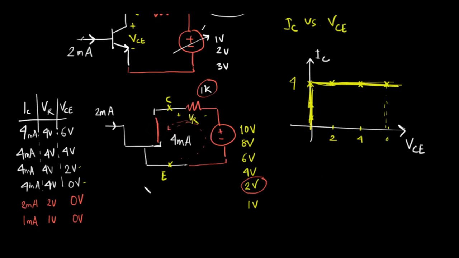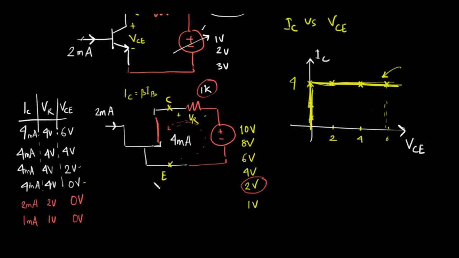Because as you can see in this graph, which part of this graph was the output current controlled by the input current? The input current was 2 milliamperes. So if IC equals beta IB, then the output current should be 4 milliampere always, right?